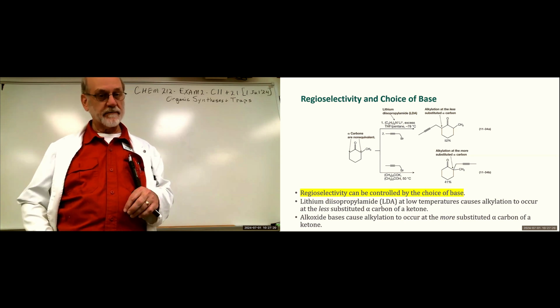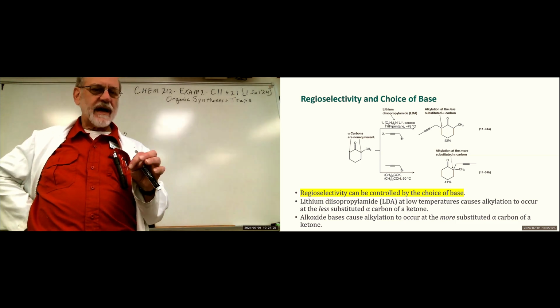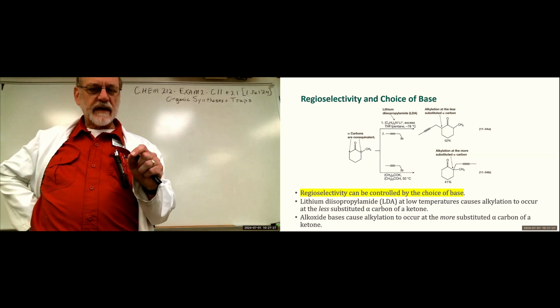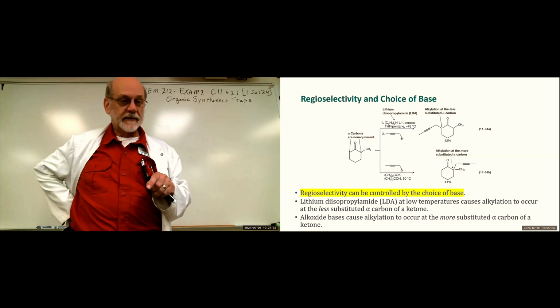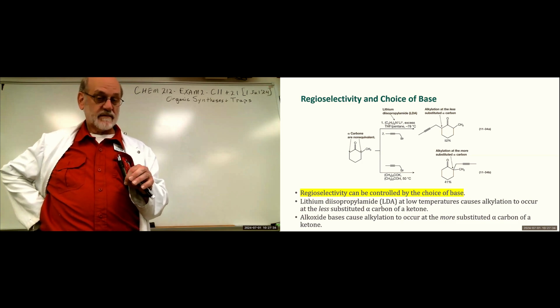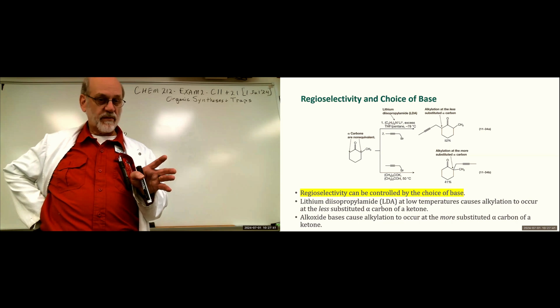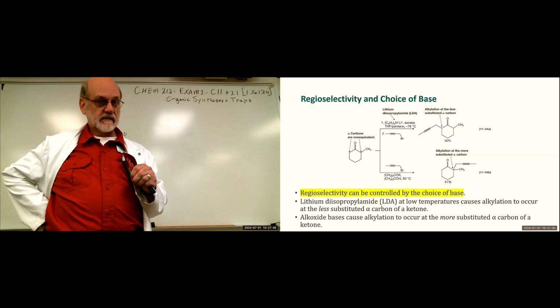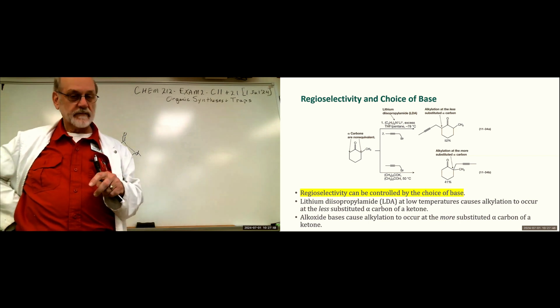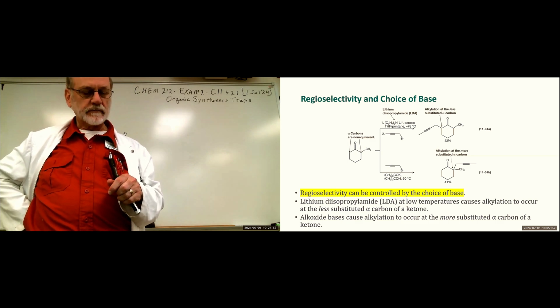Well, the LDA, or lithium diisopropylamide, at low temperatures causes alkylation to occur at the less substituted alpha carbon. That's probably, let's see, I don't want to misspeak, that's probably due to steric hindrance. You don't have that methyl group in the way, and LDA is a big molecule.